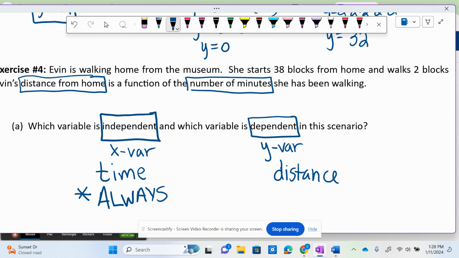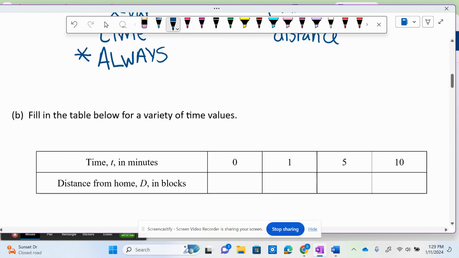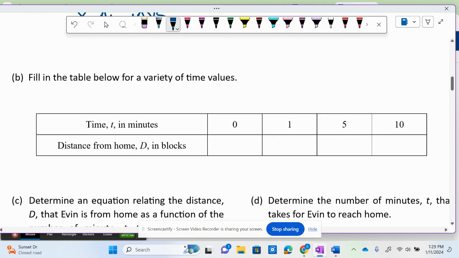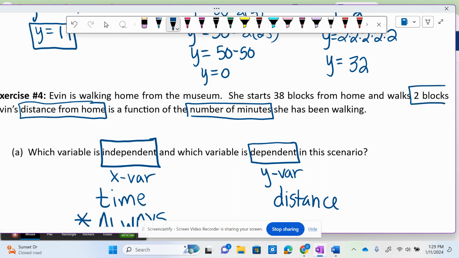Okay. So the second part has a table for us. It says fill in the table below for a variety of time values. So our time values, t, is the same thing as x. So let's see. How many blocks do I walk per minute?